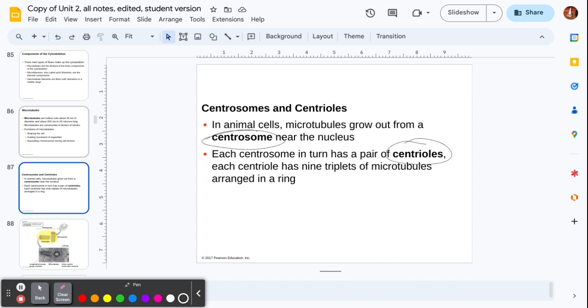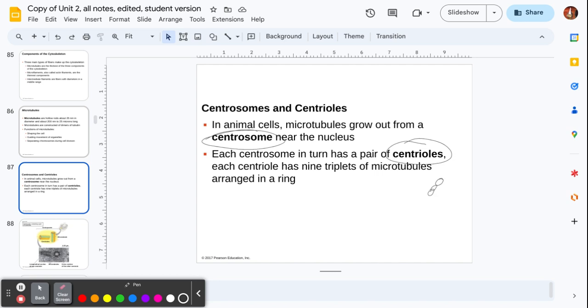I know there's a lot of C words. And each one of those microtubules has 9 triplets arranged in a ring.